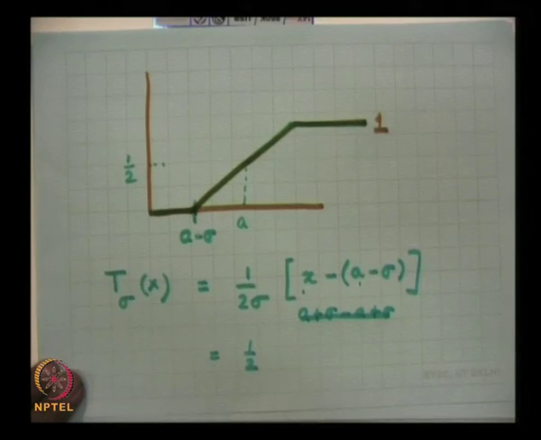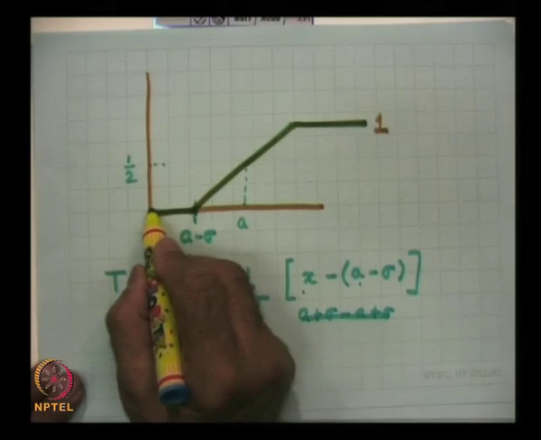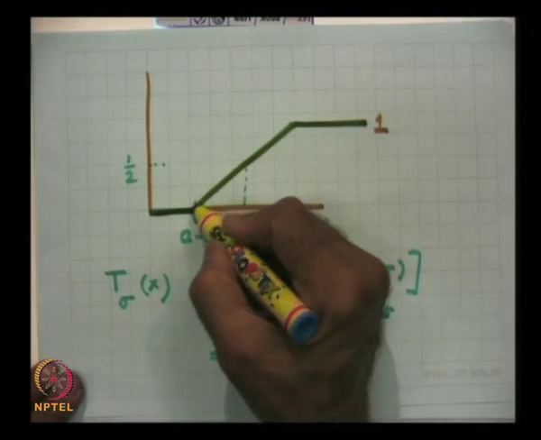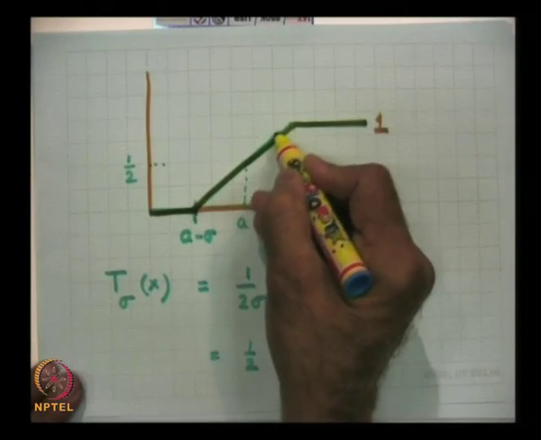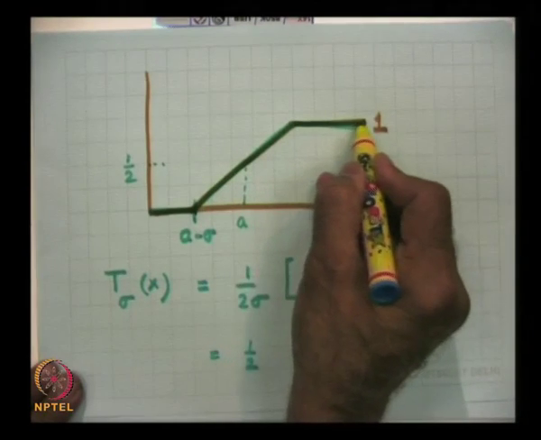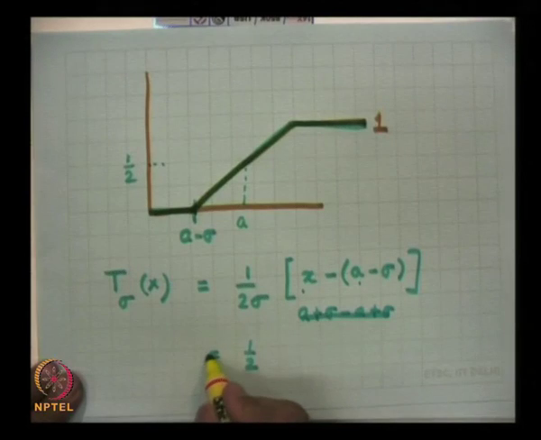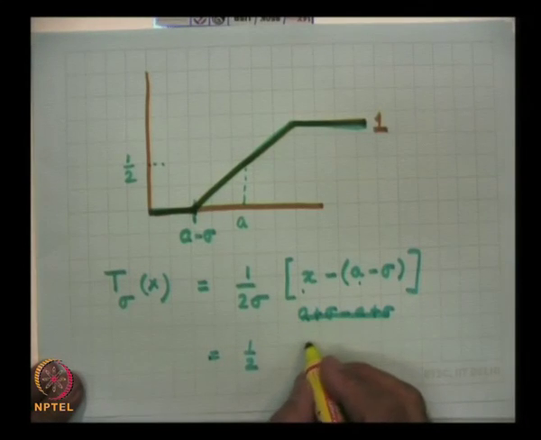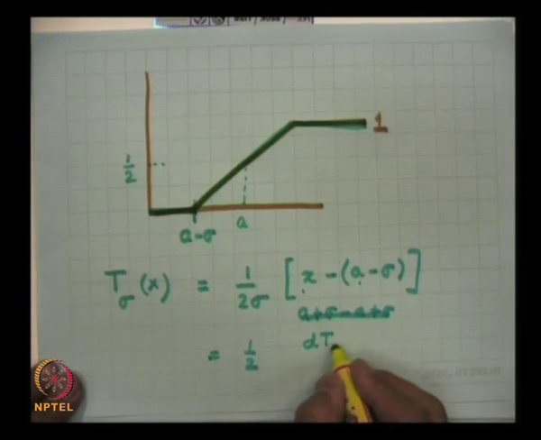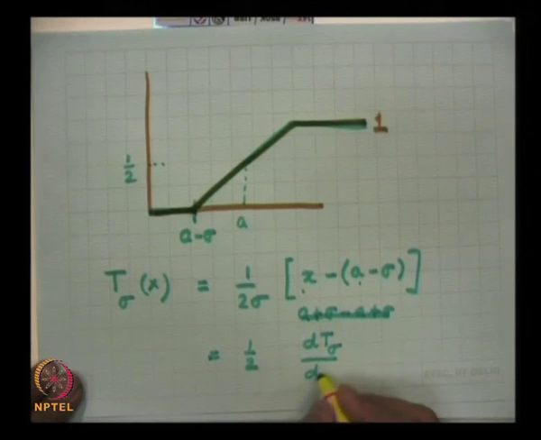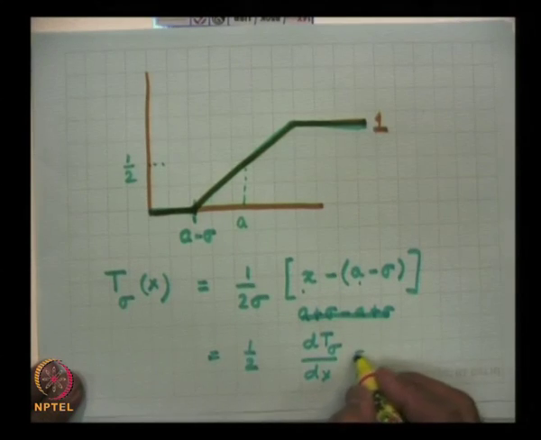Now, I take the derivative of this function. So, I have this ramp function which is 0 here, it increases linearly here and it becomes 1 here. If I take the derivative of this function, dT sigma by dx, if you just differentiate this, this is equal to 1 over 2 sigma.